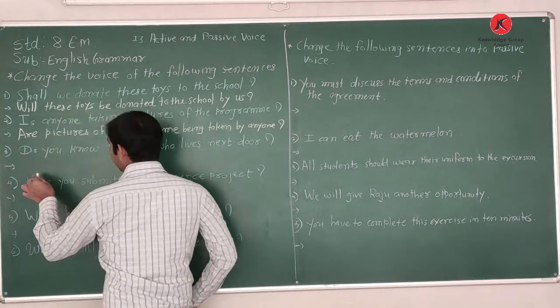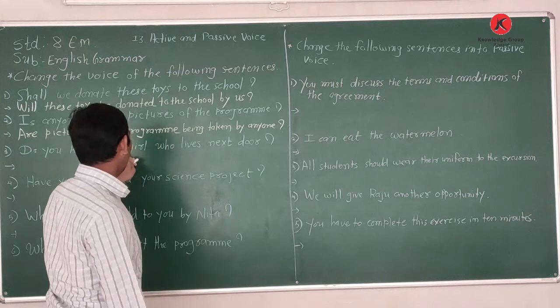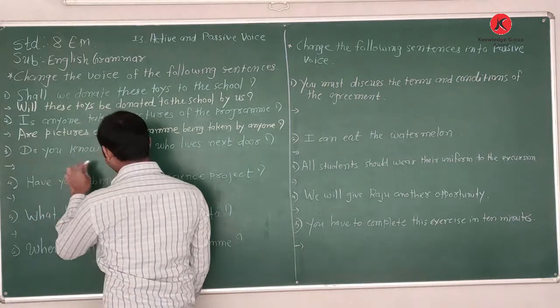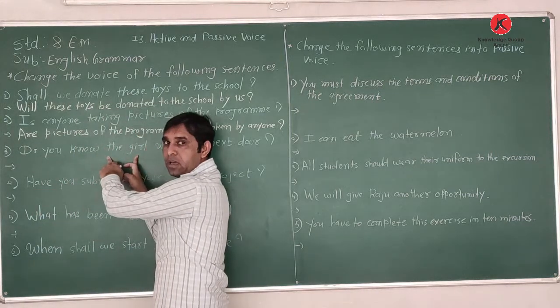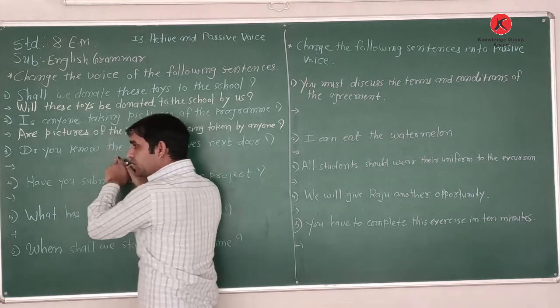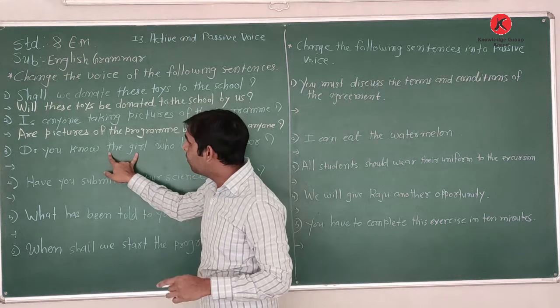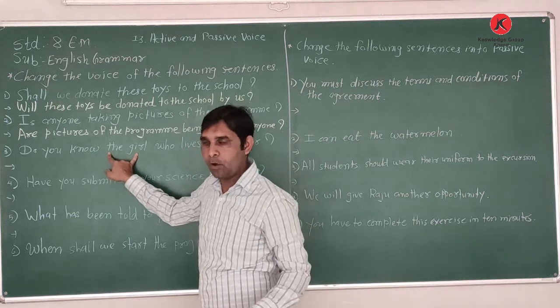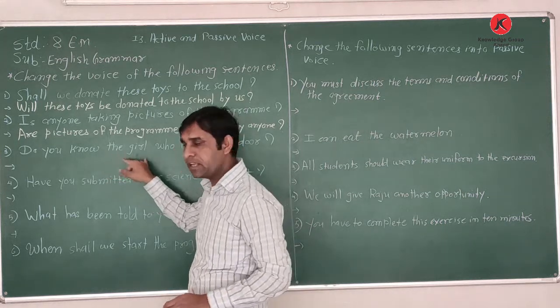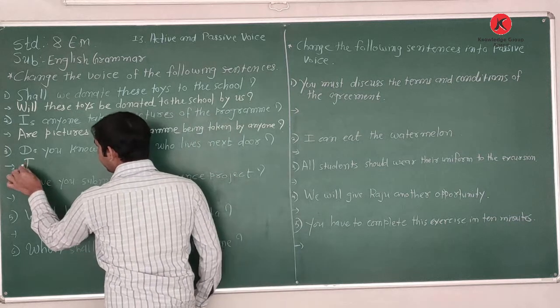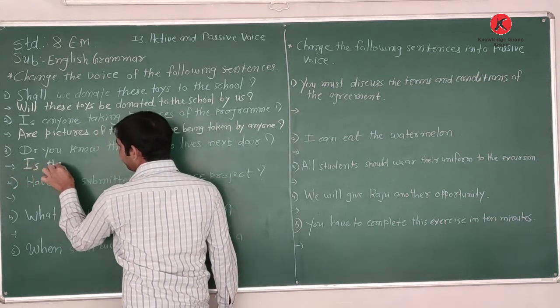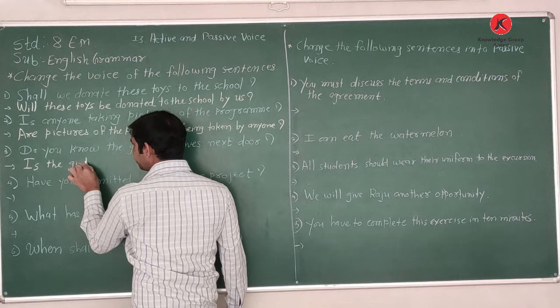First we write the girl; we find it is the object, a singular noun. So what do we write in the simple present tense? The to be form. Since the object is singular, we write: is the girl.